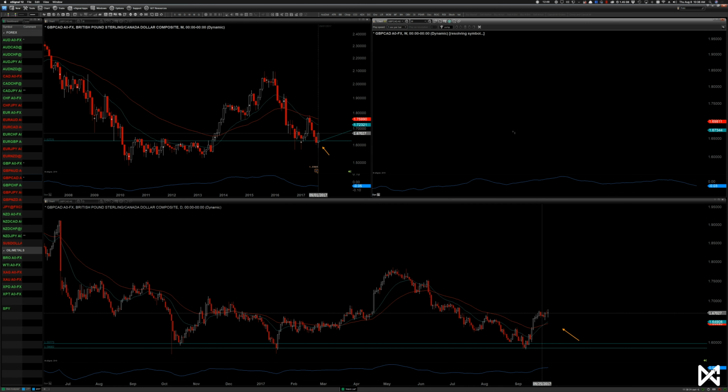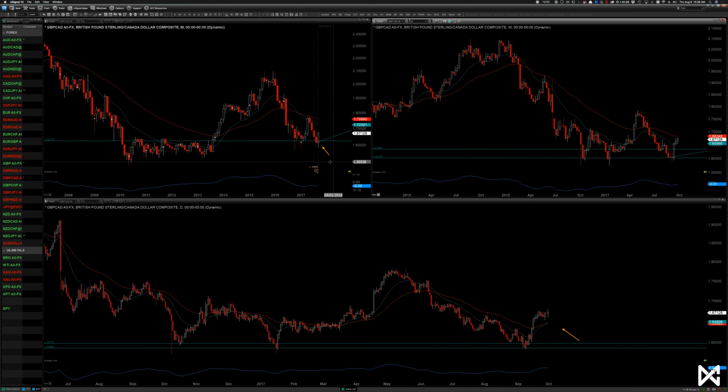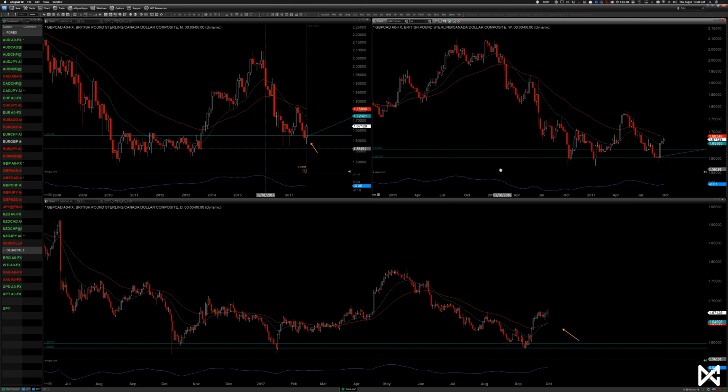When the monthly closed, this is what the weekly chart looked like. So do we have confirmation here? Check it out. The monthly chart obviously has a bullish engulfing rejecting this beautiful support. The weekly chart should have a little bit more bullish price action now. So if the monthly chart is giving us a bullish candlestick formation, the weekly chart should have a little bit more, and the daily chart should have a lot more, okay?